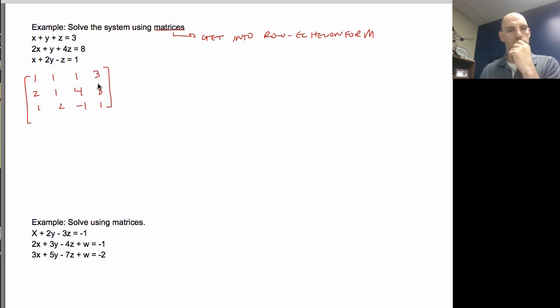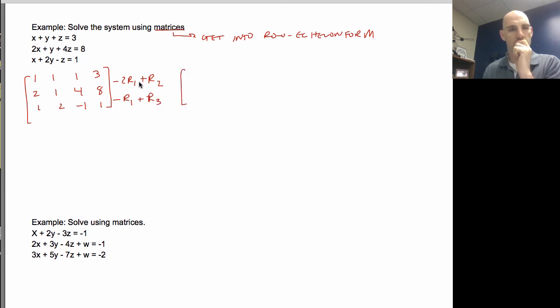So what am I going to do? I'm going to start by just eliminating some variables. So I'm going to do negative 2 times row 1 plus row 2. And I'm also going to try to eliminate this bottom variable. I'm going to go negative row 1 plus row 3.